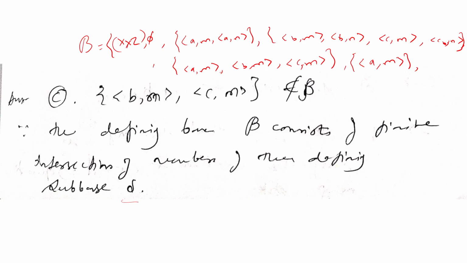You said that you have found the topology, right? So is there any other element missing here according to that? See here, if you take the intersection of these and this, you will get (B, M), (C, M), right?